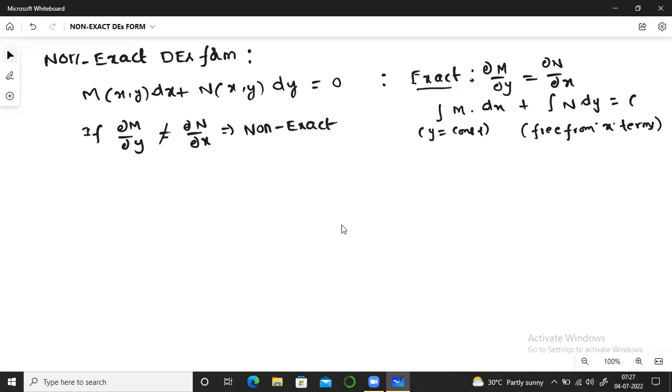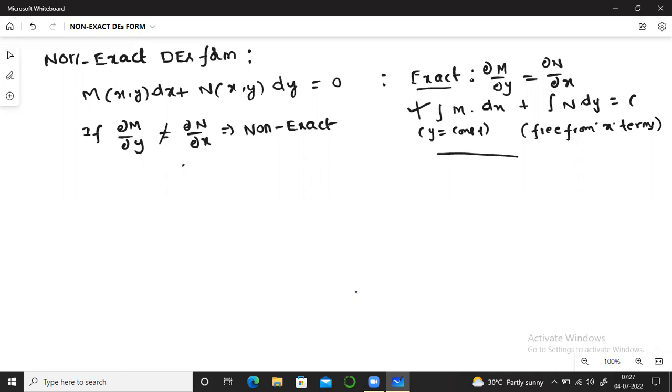Now I understand it is non-exact, which means I cannot apply this solution. What do I have to do now? If it is a non-exact differential equation, there are two particular ways to follow to solve the problem.